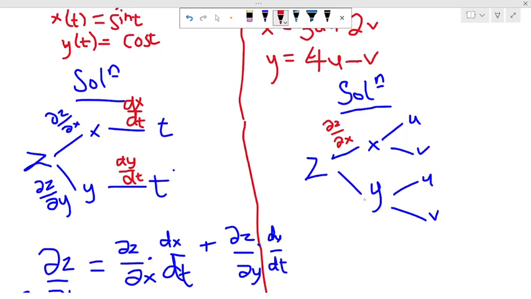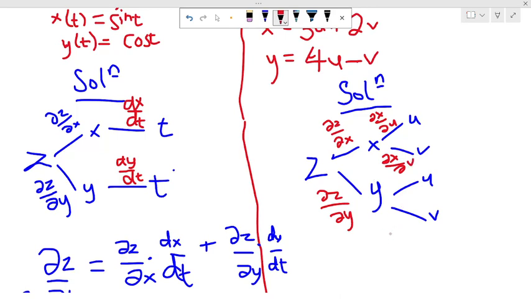So our z with respect to y also becomes ∂z/∂y. Now the expression up here becomes ∂x/∂u. Now the expression down here becomes ∂x/∂v.